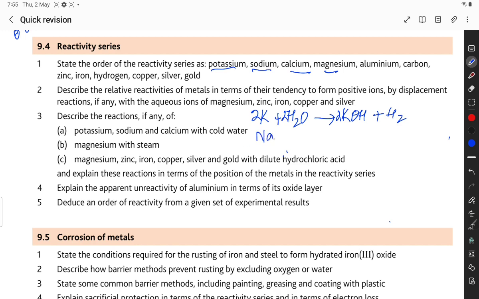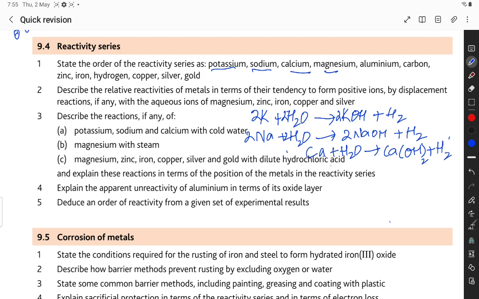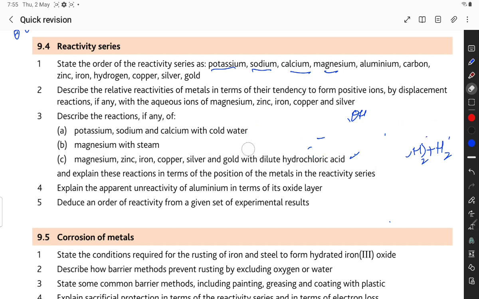Similarly, sodium reacts with H2O to form 2NaOH plus hydrogen gas. Similarly, calcium with cold water plus H2O forms calcium hydroxide plus hydrogen gas. So this is the reaction with cold water. These three metals react with cold water. Keep it in mind.